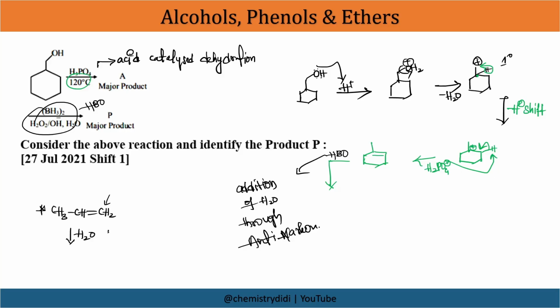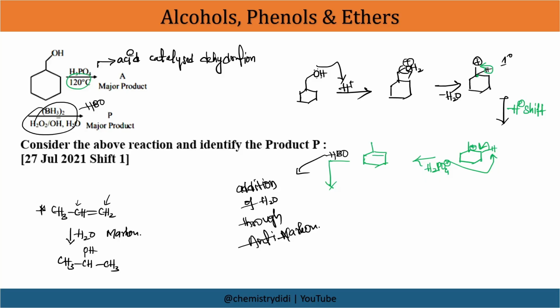According to Markovnikov rule, if you are adding water, just add the hydrogen to the carbon which is having more number of hydrogens. Here the carbon is having only one hydrogen. Here the carbon is having two hydrogens. So we will add the hydrogen over here and OH over here. So we'll get this product CH3 CHOH CH3.